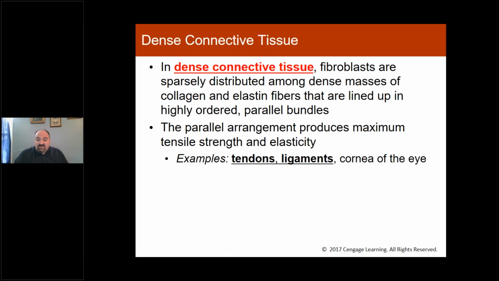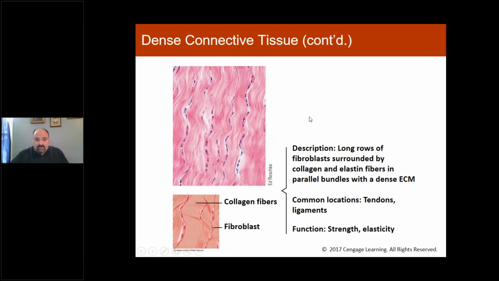So dense connective tissue is very strong. You'll see here that the collagen and elastin fibers are lined up in highly ordered parallel bundles. And so this is cool. What I tell students when they're trying to understand and memorize what this kind of tissue looks like is that, instead of skeletal muscle, which looks like layers on top of each other, this is also layered, but it's wavy, and that waviness is what you're seeing here as far as these collagen fibers.